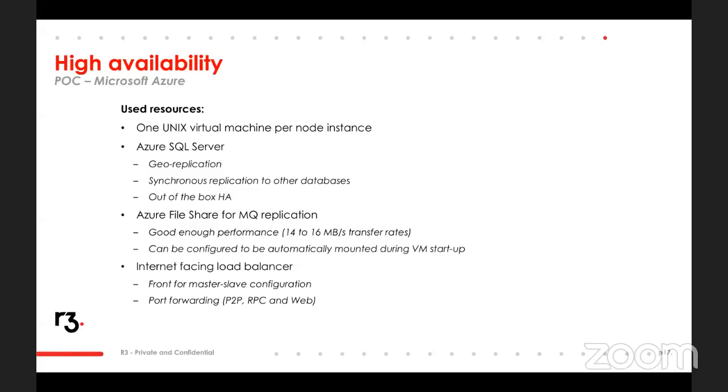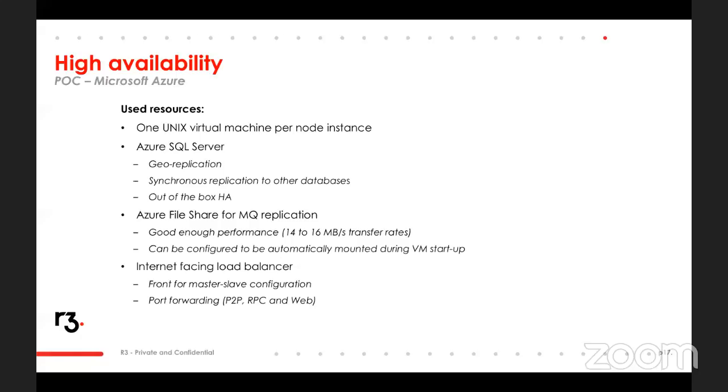Then another component that we used was the Azure file share for MQ replication. We thought that this was good enough performance, 14 to 16 megabytes per second transfer rates. And it can also be configured to automatically mount during the VM startup.